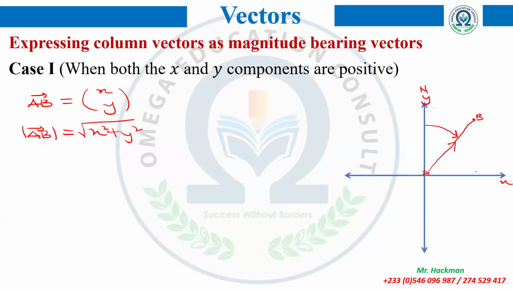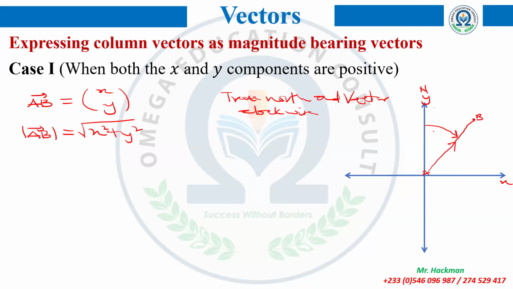So your bearing angle must be between your true north and your vector, but in which direction? In the clockwise direction.